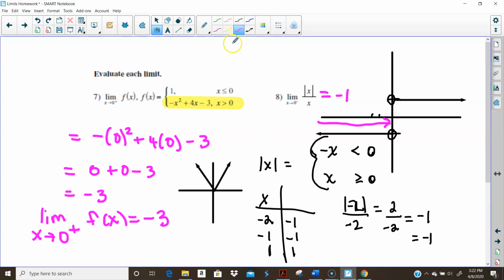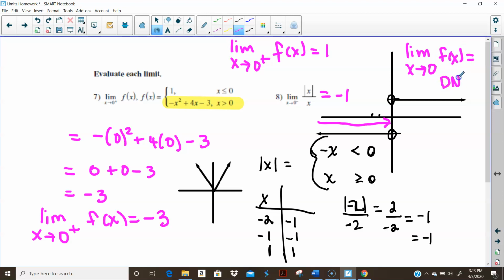By the way, if I were finding the limit as x approaches 0 from the right-hand side of this same function, f of x, it would equal positive 1. And if I were finding the limit as x approaches 0 from the left and the right, it would equal does not exist.